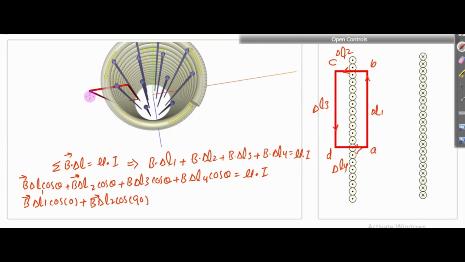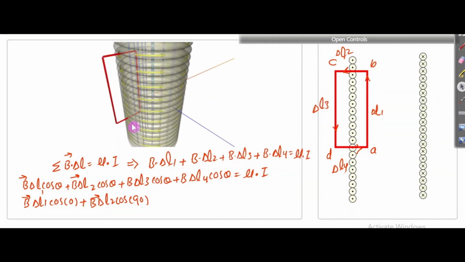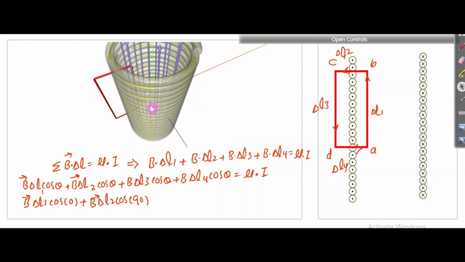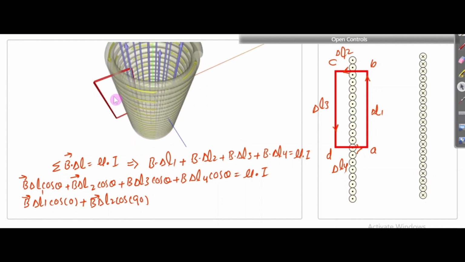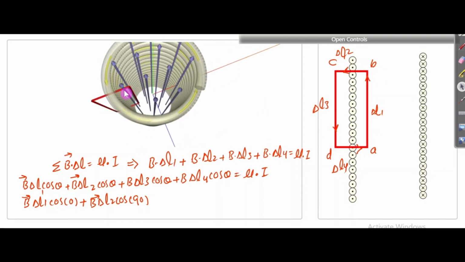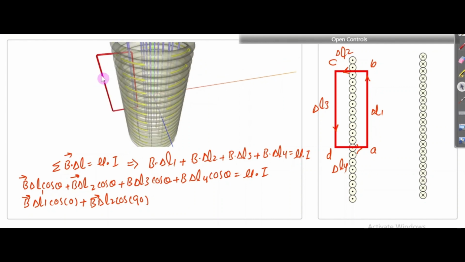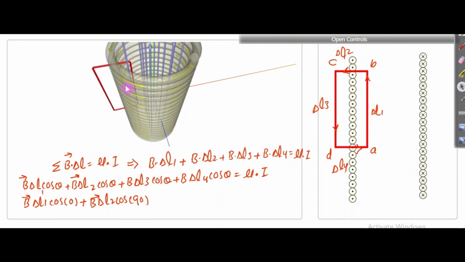Now for this external side of the Amperian loop, the direction of del L3 is from top to bottom, and internally the direction of the magnetic field is from bottom to top.